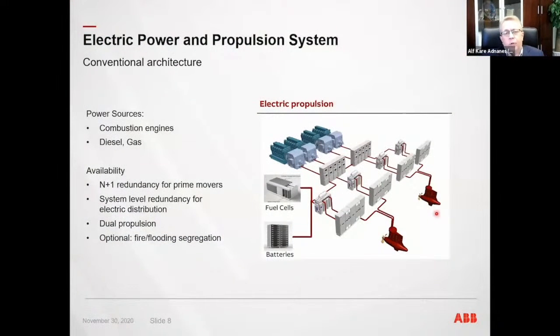Here on the right side is a conventional electric propulsion system where the electricity is generated by the generator sets, run typically by a combustion engine, could be diesel, it could be gas, and then electricity is distributed around on the ship and also providing the electrical power to maneuver and to propel the vessels.